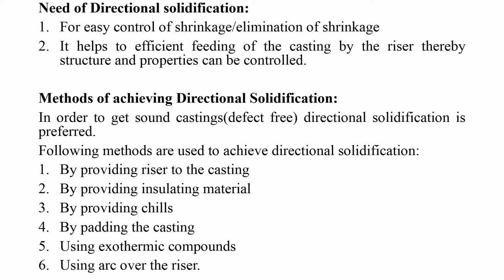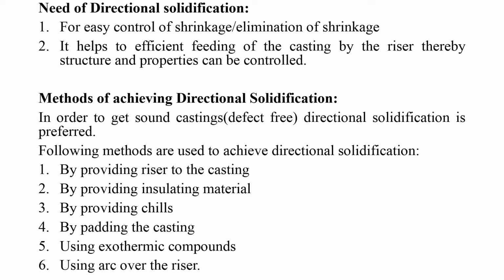So the following methods are used to achieve directional solidification. There are six important points. The first important point is by providing a riser to the casting. Second, by providing insulating material.